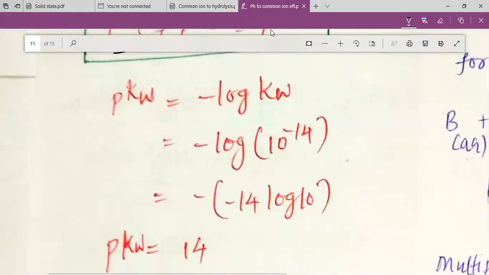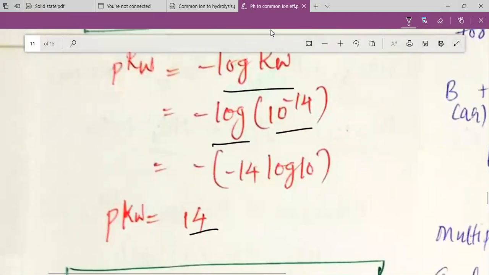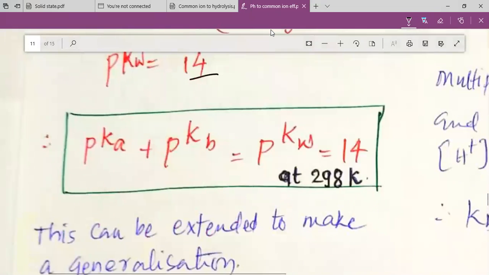Now we know that pKw is equal to minus log of Kw, that is minus log of 10 to the power minus 14, which gives us the value of 14. Thus we can say that at 298 Kelvin temperature, my dear students, the value of pKa plus pKb is equal to pKw, which is equal to 14.